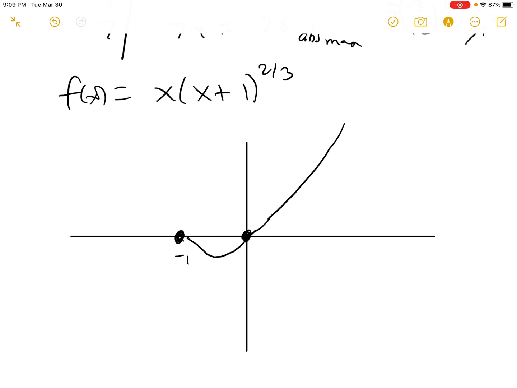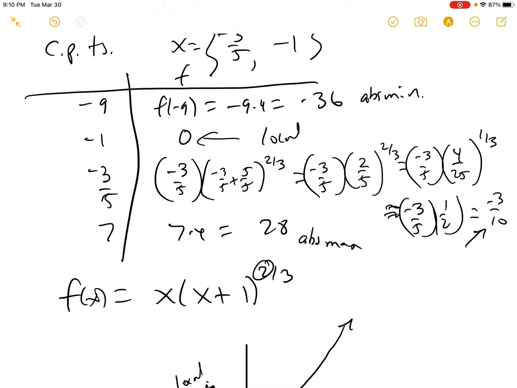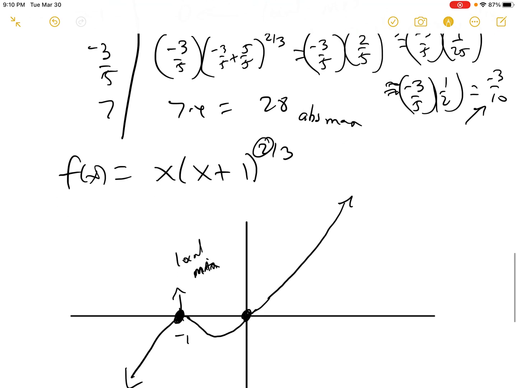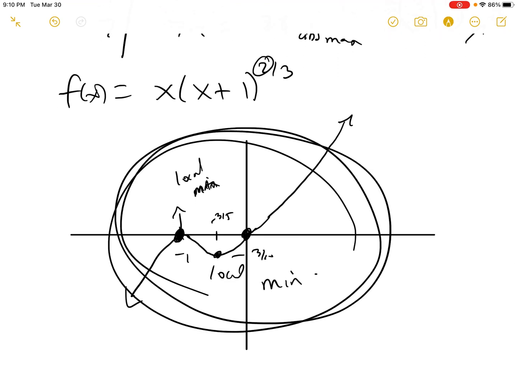And then at minus 1, because it's squared, it has to do that. Anytime you have a multiplicity of 2, it goes off to heaven. So it looks like this is going to be a local max. And this little minus 3/5, minus 3/10, is a local min. Okay. After Thursday, we'll have a much better way of figuring out if they're local maxes and mins.